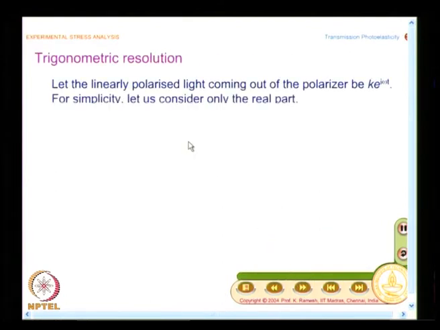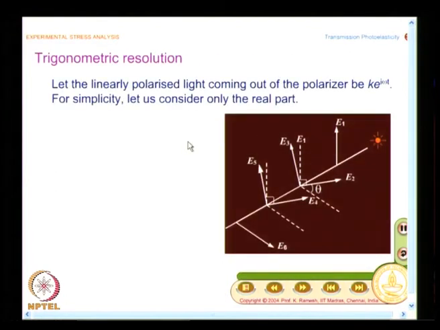Now what we have to do is look at whether we can establish mathematically what we have looked at from a logical explanation, and find the equation of intensity of light. For that we need to develop the mathematics, and the simplest way is doing a trigonometric resolution.